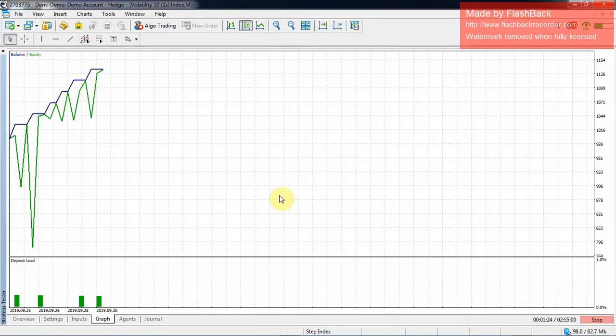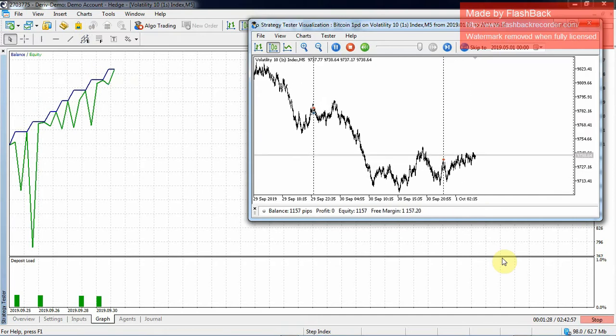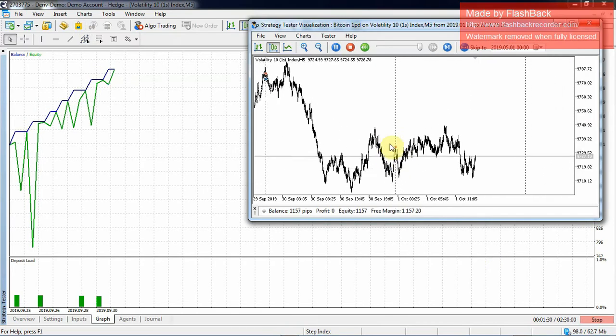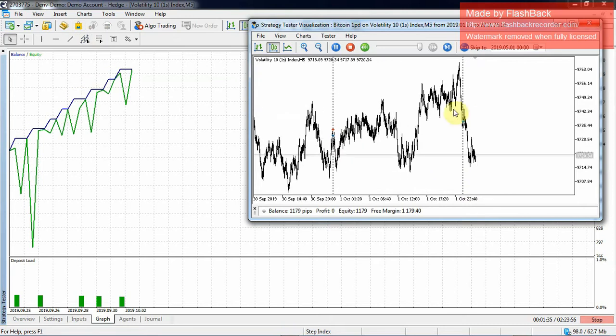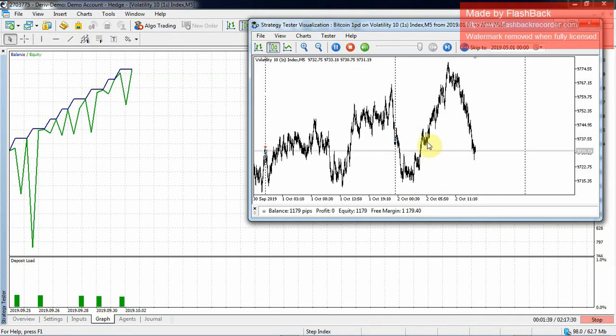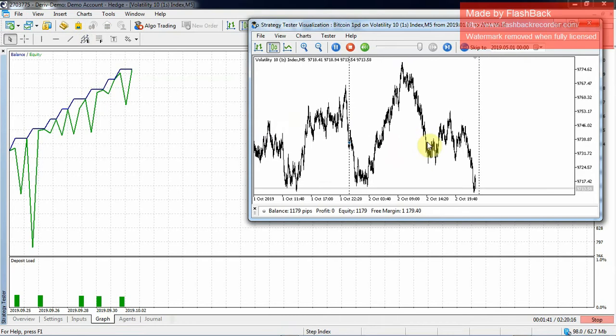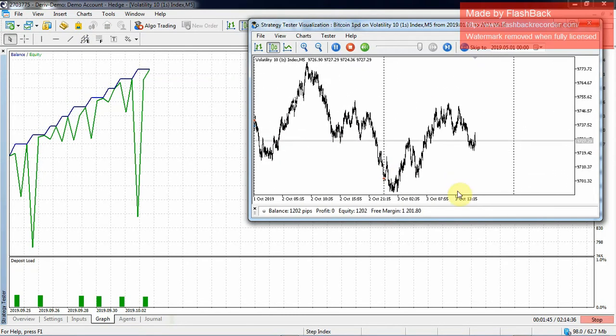Okay, so that's a balance line there. We'll put both screens here so that you see how the balance line is forming and how the candlesticks are trading. We are trading Volatility 101S with this robot.